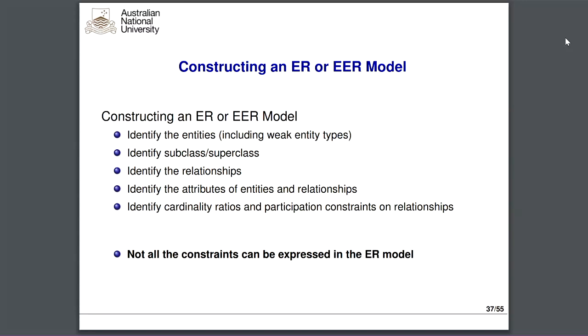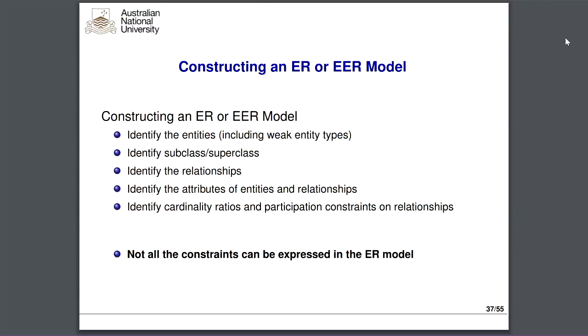Now, a very important thing is that not all the constraints... By the way, this process has no particular order. If you like, you can first identify the relationship and then identify the entity. You can do that in a different order. At the end, we just want to get a diagram, right?